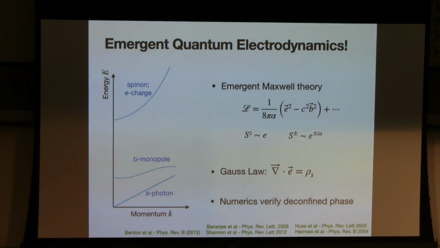And what do we have? We have what people call an emergent quantum electrodynamics. There is a very low energy photon. I've labeled it by little a because this is one of the horrible parts about doing spin ice physics: it's an emergent quantum electrodynamics and everybody wants to name the fields in it E, B, and A. But of course, there are, honest to God, E, B, and A fields in our universe, right?